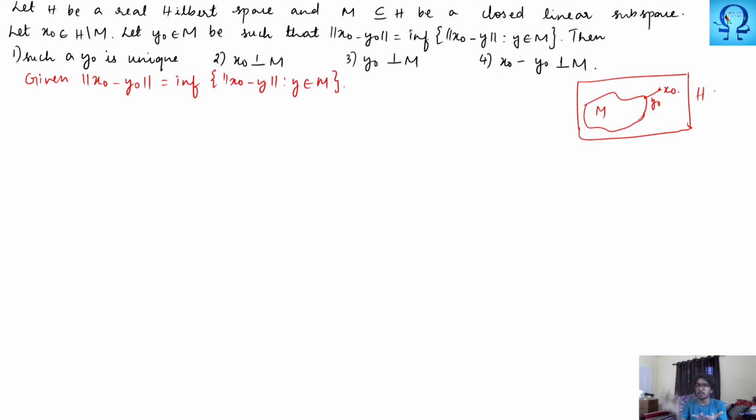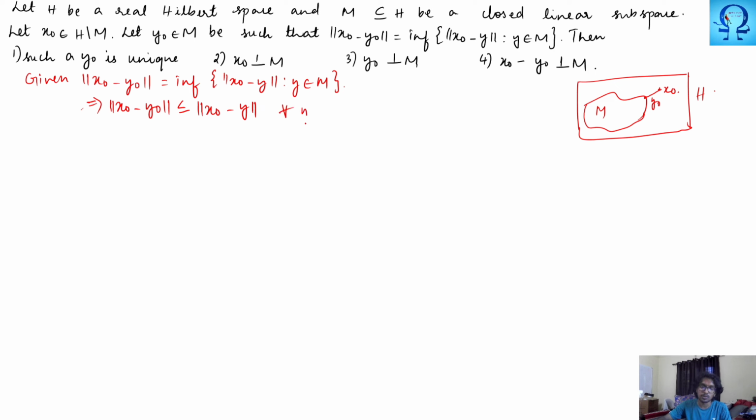If you choose some other y, that will be the bigger quantity. So this trivially tells us that norm of x0 minus y0 is smaller than or equals norm of x0 minus y.